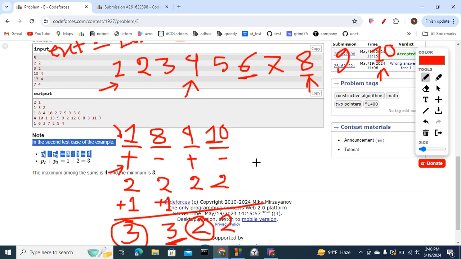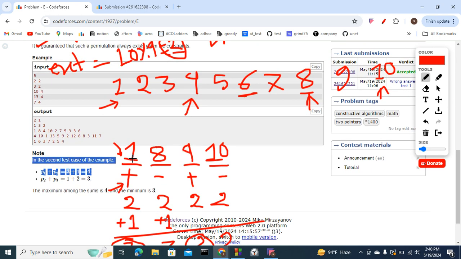So what will happen? 1, 8, 4, 10. The next value will be 2, increased. The next value will be 7, decreased. The next value will be 5, increased. The next value will be 9, decreased.